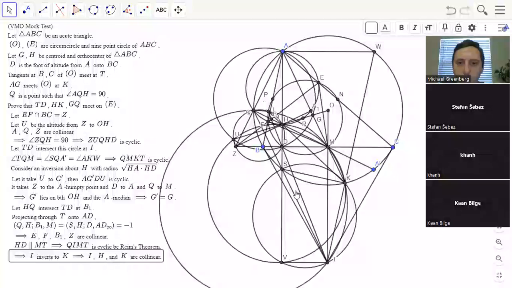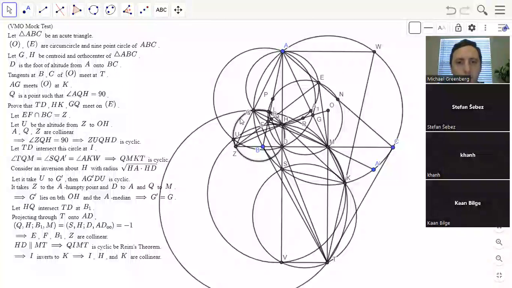Oh, you defined I to be the intersection of TD with the 9-point circle. Yeah, the collinearity of DT, EF, and QM gives us that QIMKT is cyclic, I think. Okay, maybe, by power of a point somehow.